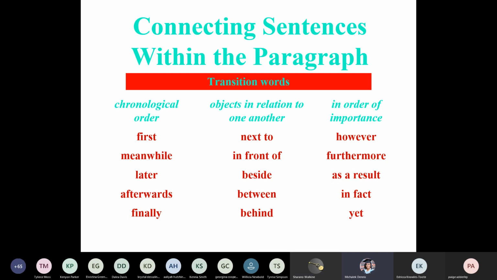So this is when they're related to one another, right? And then we have in order of importance: however, furthermore, as a result, in fact, yet. If you want to, you can screenshot this page. These are some of the transitional words that we look forward to seeing.